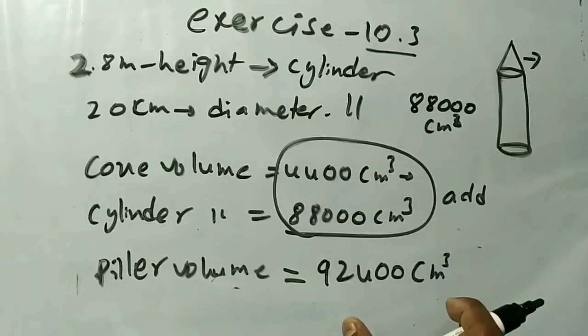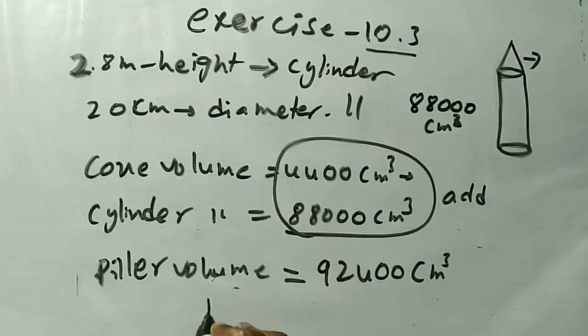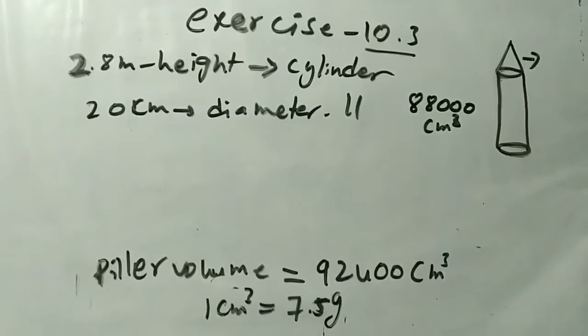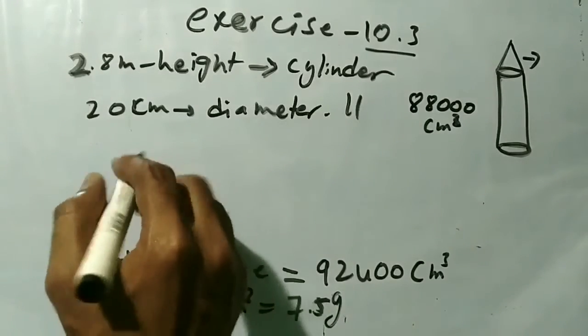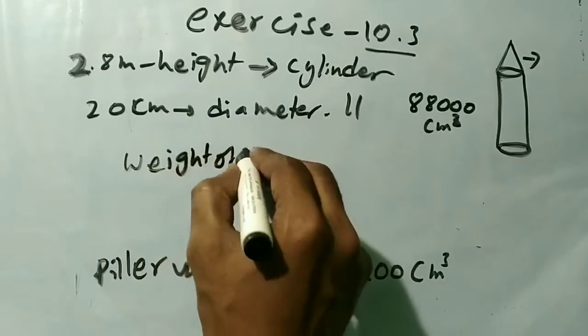So we have to find the weight. In the question they have given that 1 centimeter cube is equal to 7.5 grams. So we multiply 92,400 centimeter cube by 7.5 grams. That is the weight of the pillar.